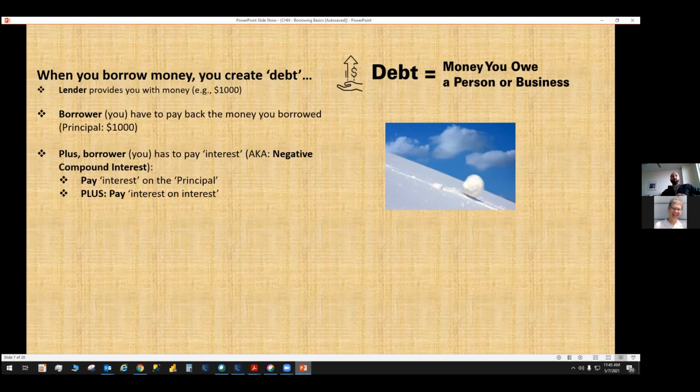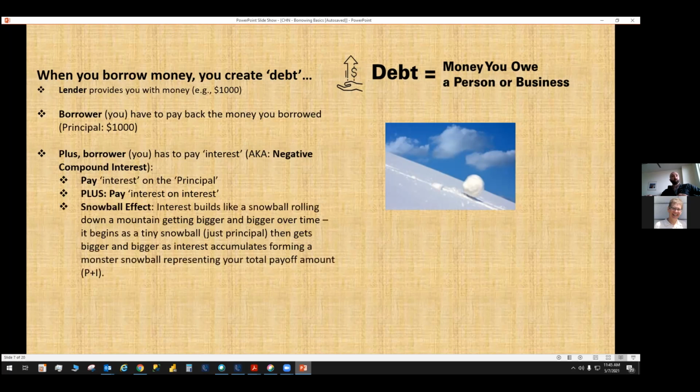You pay interest on the principal, you pay interest on the interest, and that has sort of a snowball effect that's working against you until that loan is paid off. Thus the snowball picture here.